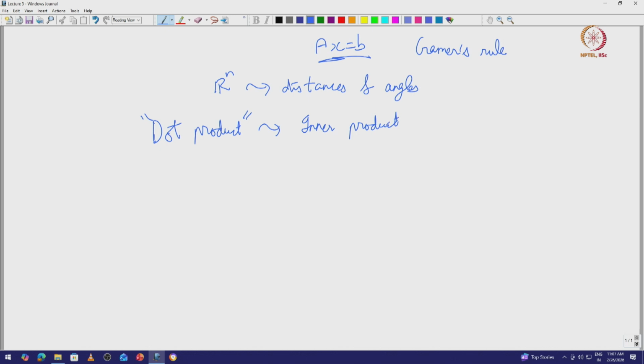Okay. So the standard dot product on Rn is defined as follows: x dot y, which we'll write as x y with brackets, is the sum over i of xi yi. Recall that in R3, a vector dot b vector is a1 b1 plus a2 b2 plus a3 b3.